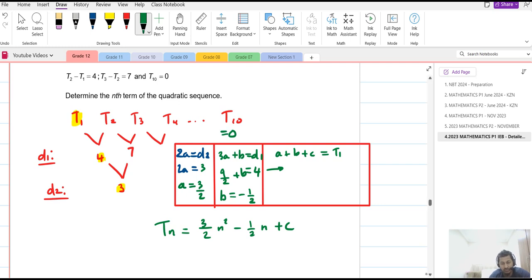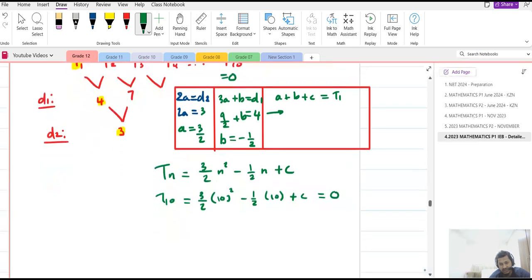So T10 is equal to 3 over 2 times 10 squared minus half times 10 plus c is equal to 0. And now we can solve for c. 10 squared is 100, 100 times 1.5 is 150, minus half times 10 is 5, plus c is equal to 0. Therefore, the value of c is negative 145.